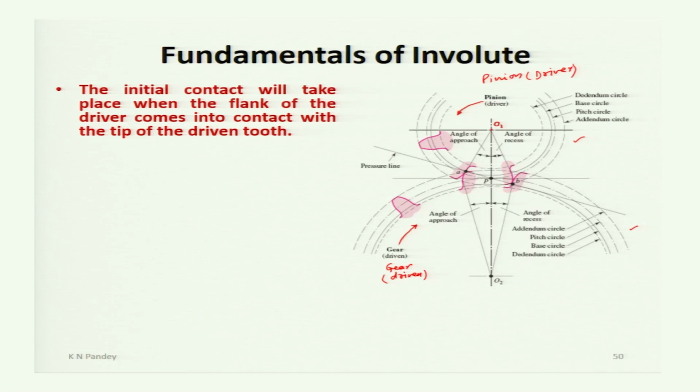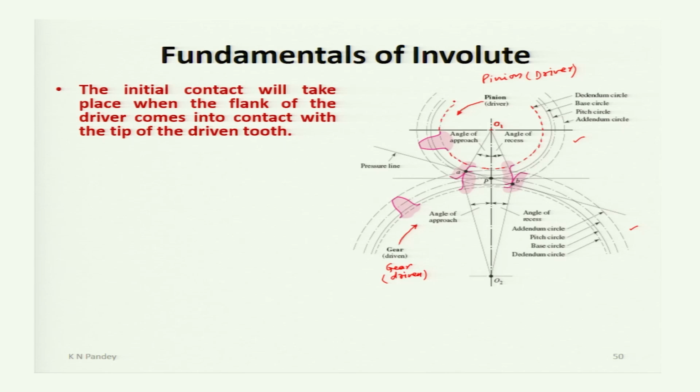Now in this figure different circles are shown with standards. So this one is the dedendum circle of the driver, or the root circle of the driver.